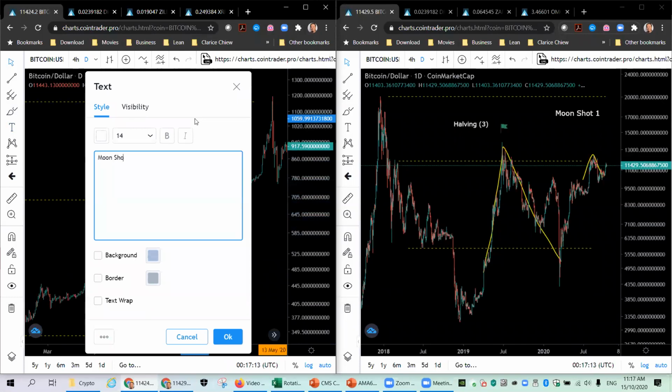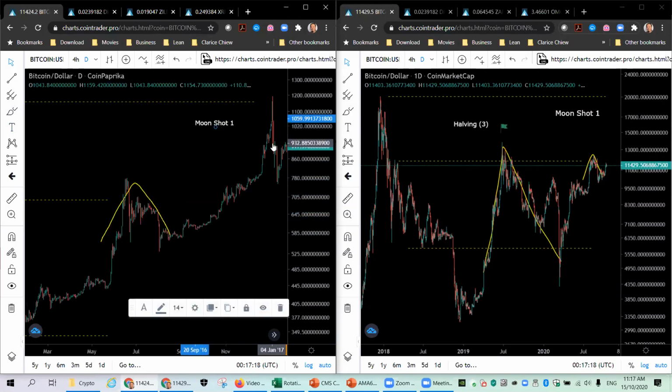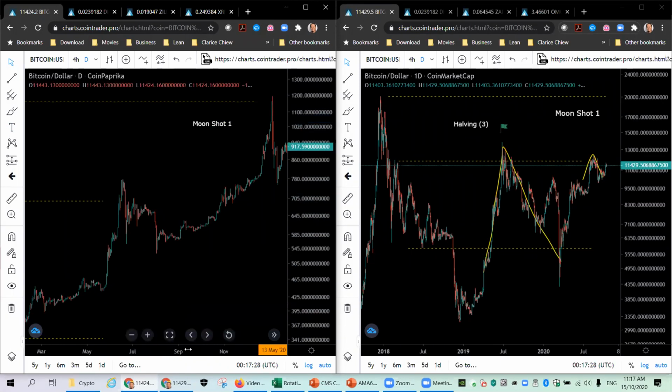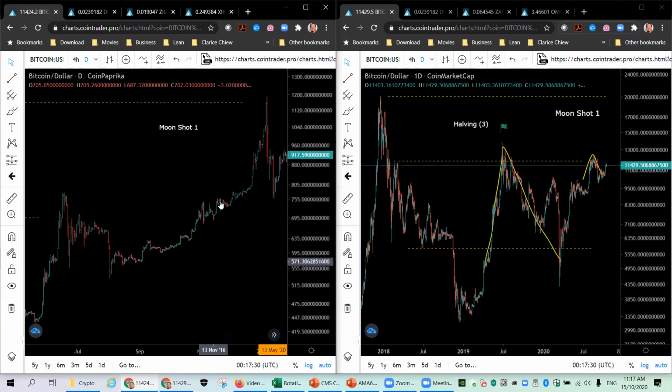There will be moonshots. One. Okay, so this structure here is moonshot 1 for 2016, and this is where we are. I'll just take this away. Okay, let's frame it up.